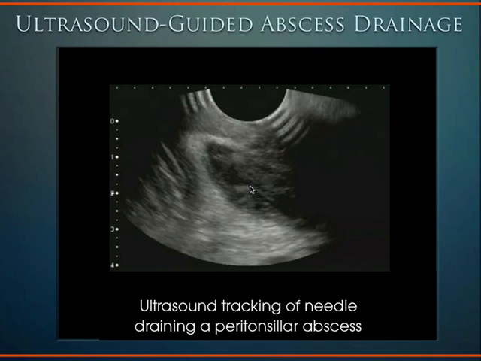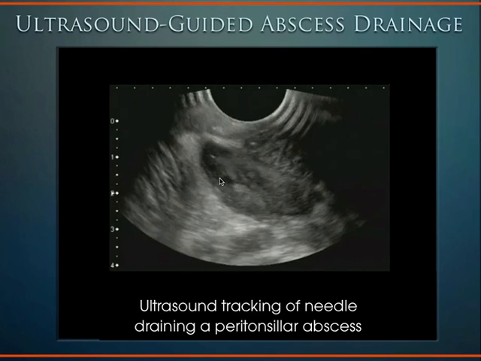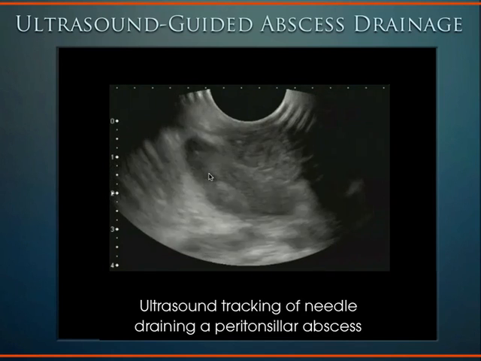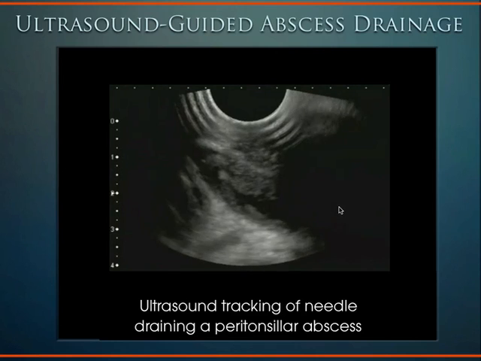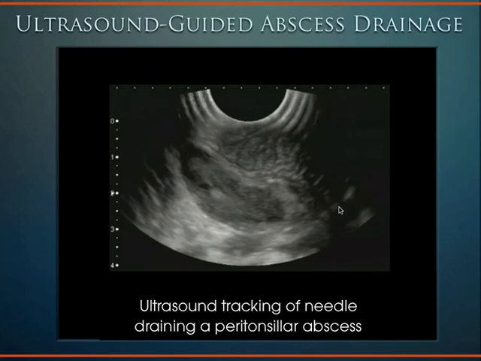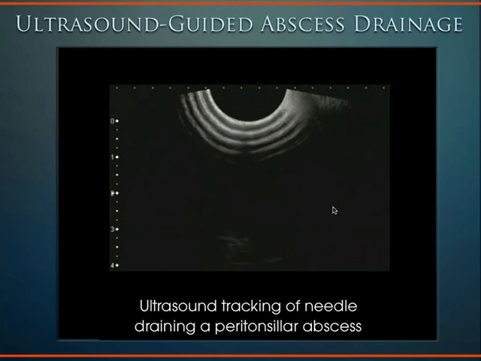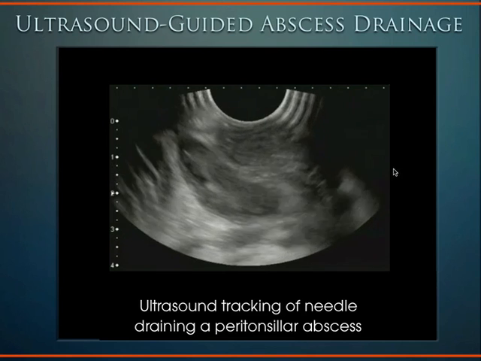And some of these large abscesses are actually quite easy to drain, although sometimes they're so extensive, they involve a really large area back here that you may not want to attempt drainage yourself in the clinic or even the emergency department setting. You might want to refer some of these more complicated ones to a specialist like an otolaryngologist.